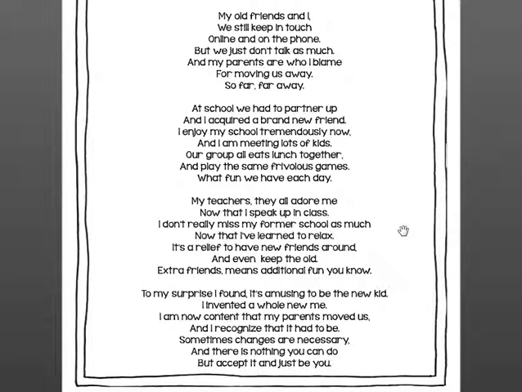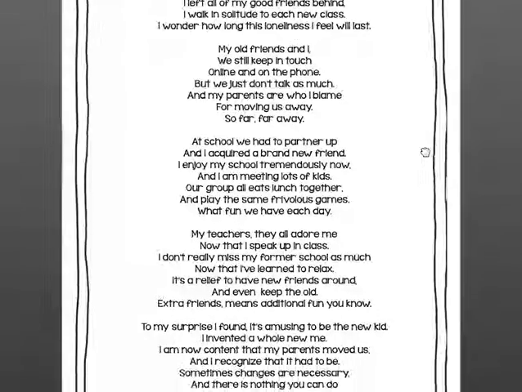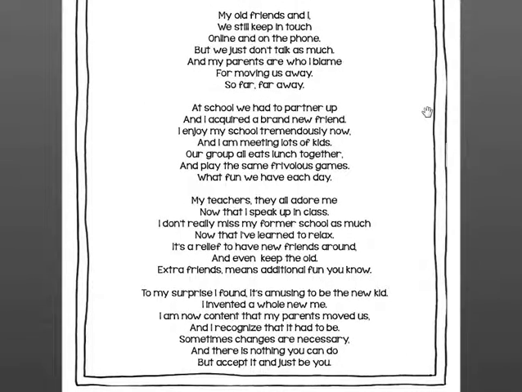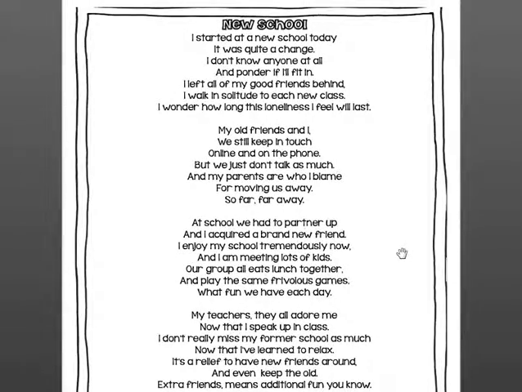He's very positive. He has extra friends in two places. So the mood has changed from very sad to happy, from very lonely and somber to excited, positive, optimistic. So that's the mood of our poem.